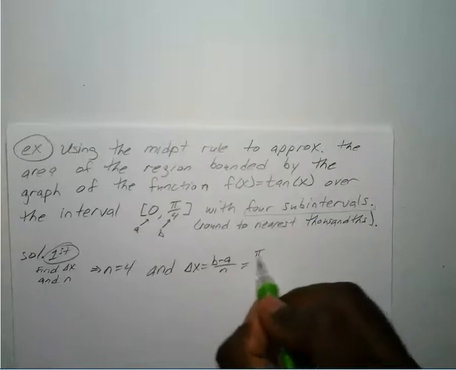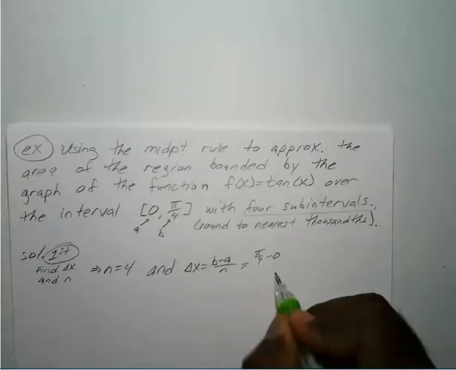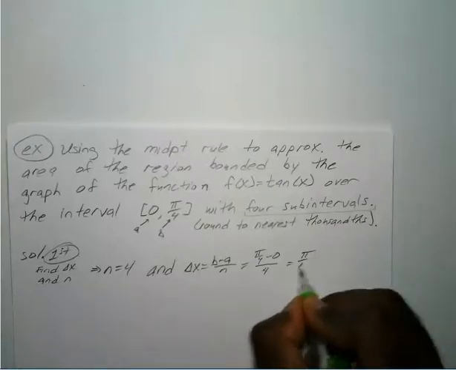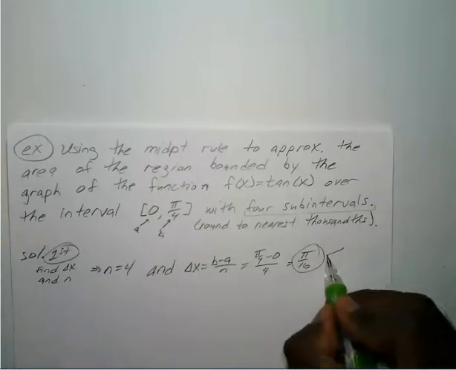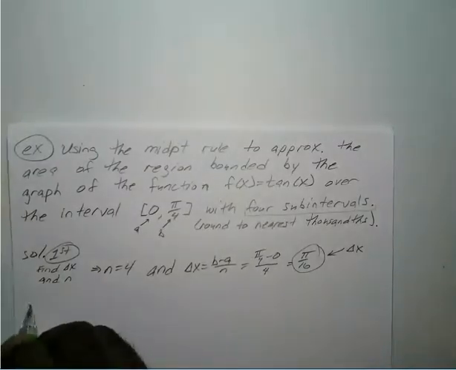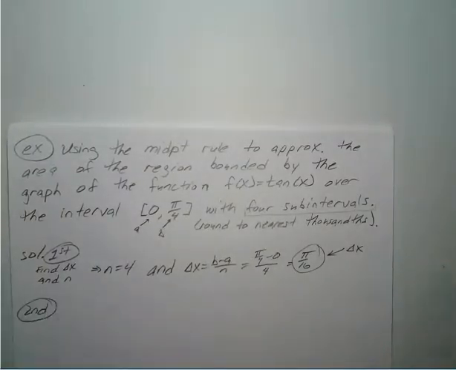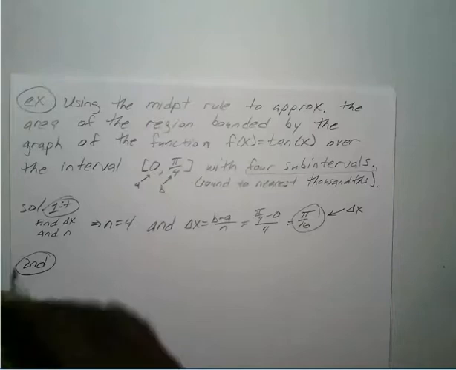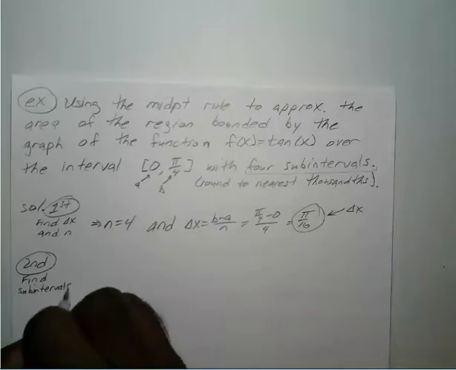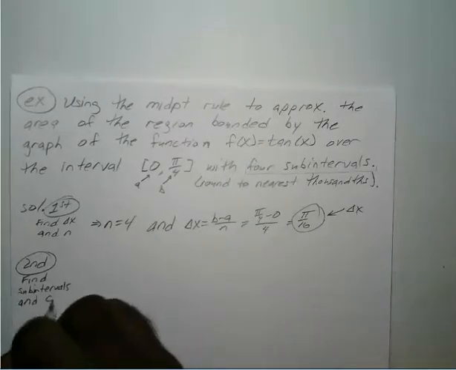So that's pi over 4 minus 0 divided by 4, which is pi over 16. Okay, so that's our delta x. For your second step, just like before, we're going to find our subintervals and our c sub i's.